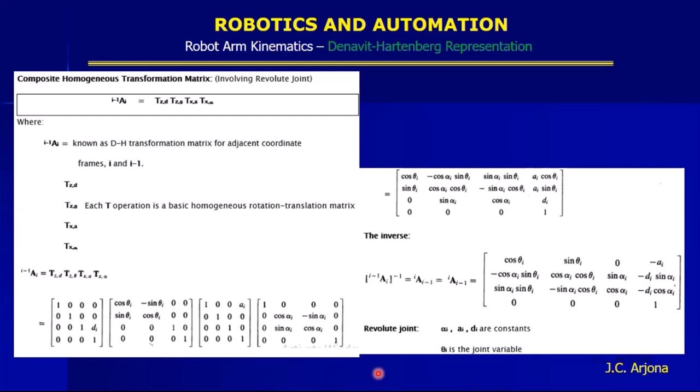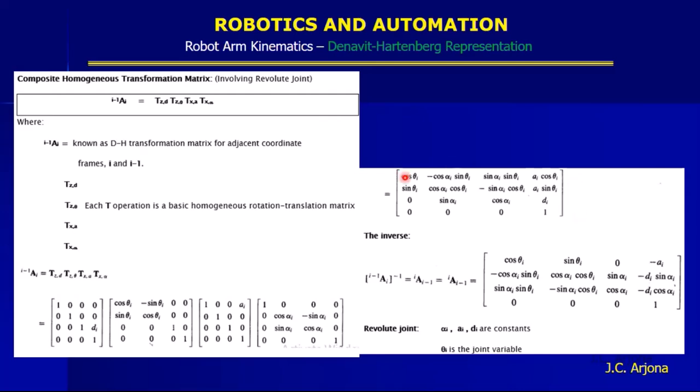Here is the composite homogeneous transformation matrix involving revolute. So here is the equation where A i to i-1 is known as the DH transformation matrix for adjacent coordinate frames i and i-1. Here are the 4 homogeneous transformation matrices, and evaluating all of that involving revolute.